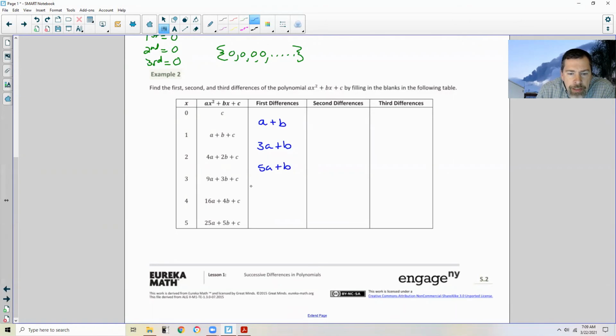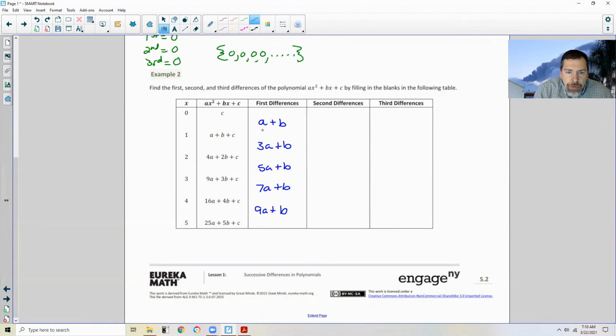C minus c cancels. 16 minus 9 is 7a. 4b minus 3b is 1b, and c minus c is 0. 25 minus 16 is 9a. 5 minus 4 is 1b. So the first difference was a plus b, 3a plus b, 5a plus b, 7a plus b, 9a plus b. They are not the same, so you continue.